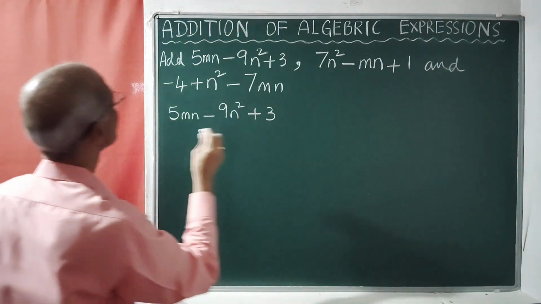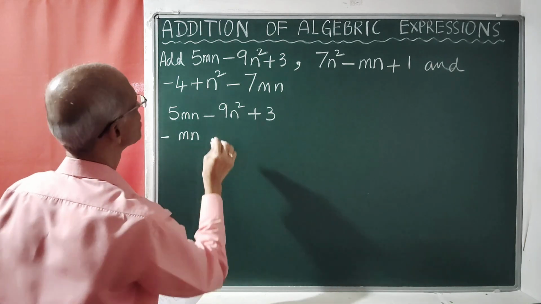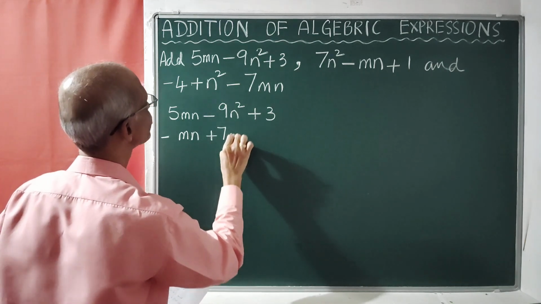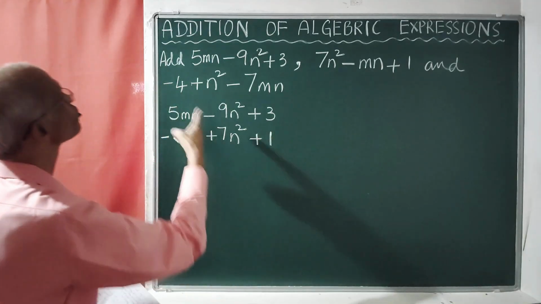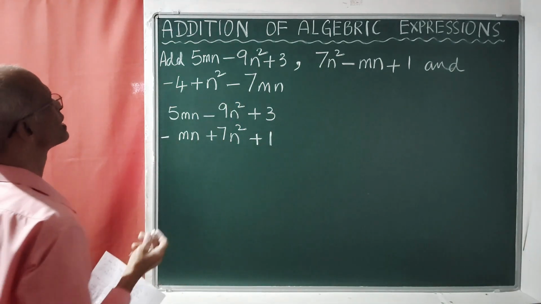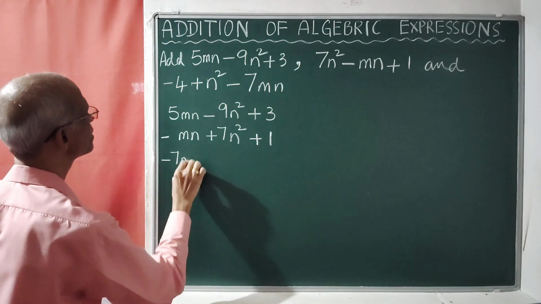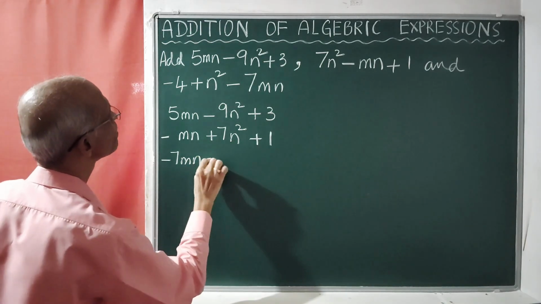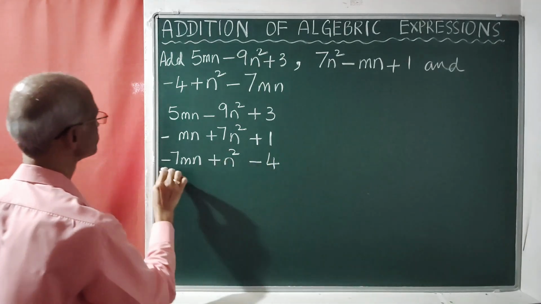So minus mn plus 7n square plus 1. So write this one below this. A like term should come under like terms. Minus 7mn plus n square minus 4.